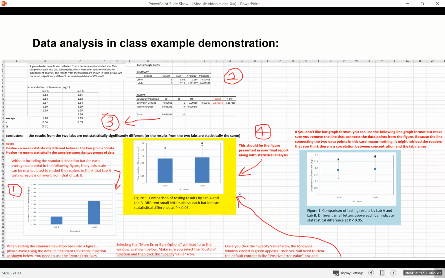But regardless of what format the graphic looks like, including the average as well as the standard deviation error bar is a must when a data set is communicated to your audience.